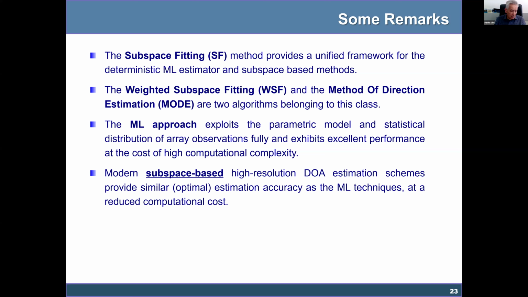I want to focus on a class of methods that achieve almost optimal estimation accuracy, but with a computational complexity that is much, much lower than maximum likelihood. And these are the so-called subspace methods.